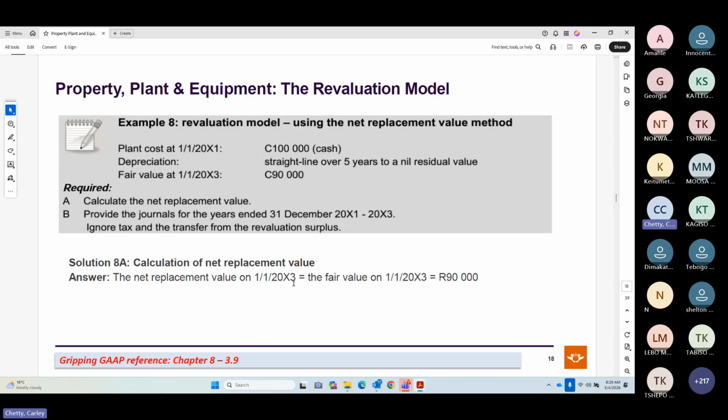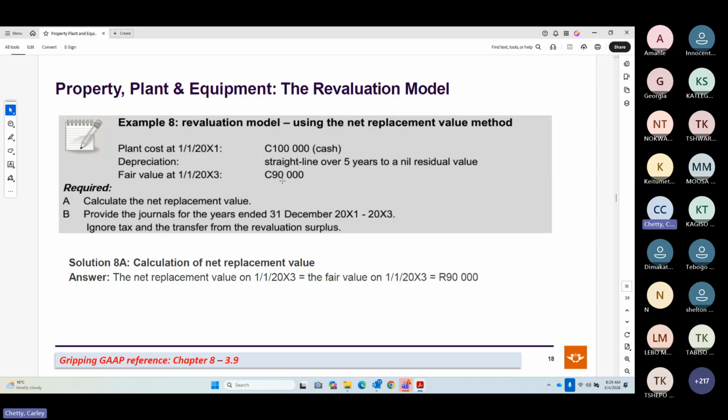The net replacement value on 1 Jan 20x3, that was given, is the fair value of 90,000. Okay, this is the net replacement value. So part B says provide the journals for the years ended 31 December 20x1 to 20x3.